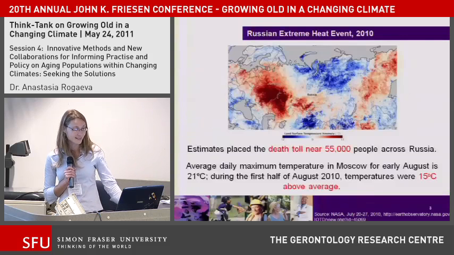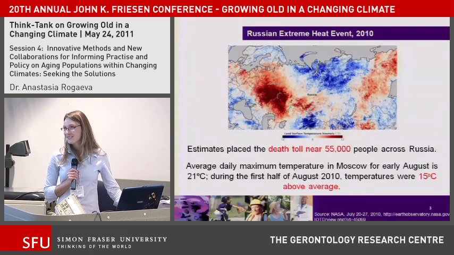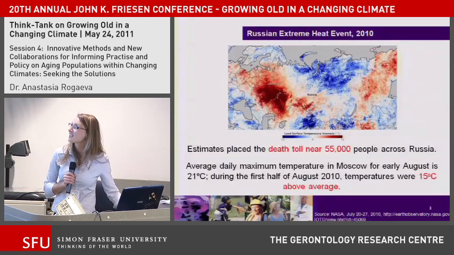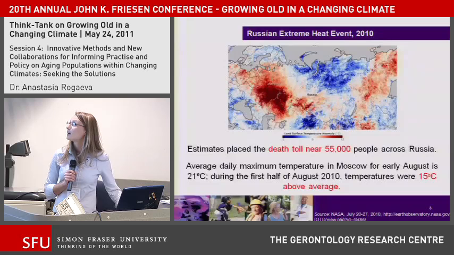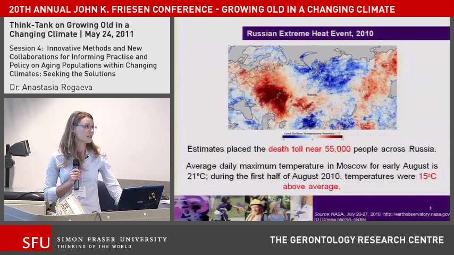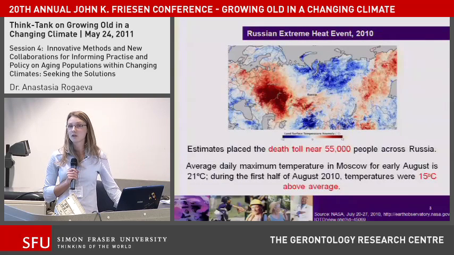So this is an image of Russia, not just 2003 Europe. So this is a slightly different image, but it's from last year, 2010. And you can see there from the intense burgundy color in the middle of Russia that they've experienced really hot temperatures in the summer of 2010. And as a result of that, close to 55,000 people died, according to the most recent estimates.